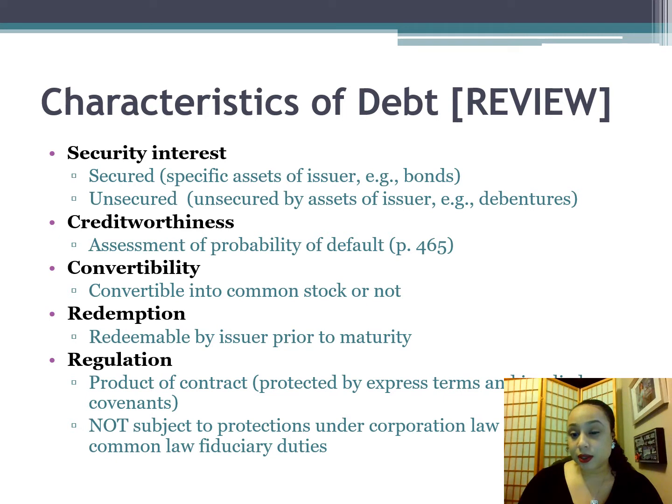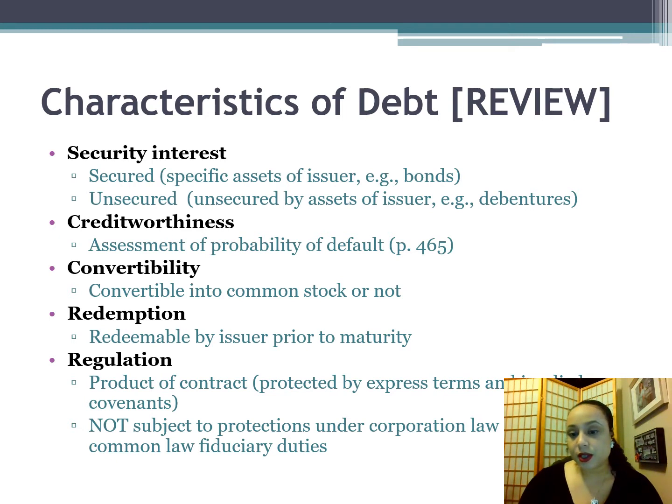Certain debt instruments are convertible into common stock, and the extent to which debt is convertible into common stock would be embedded within the contract. Some debt is redeemable by the issuer before its maturity date, meaning that the issuer can simply pay the debt holders the principal amount before the principal is due at the end of the maturity date.